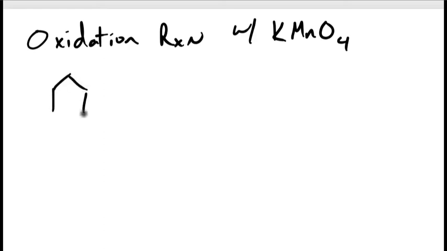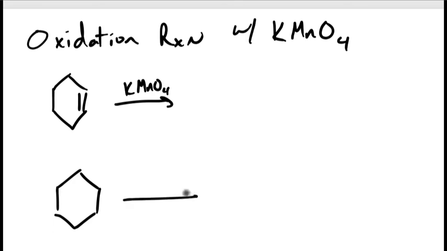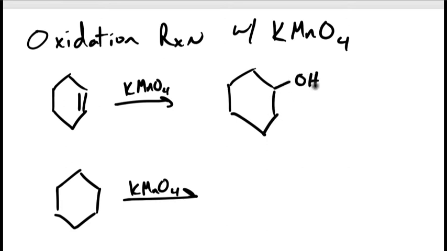Same 2 molecules, cyclohexene, cyclohexane, mixing with, again, potassium permanganate. And what happens when potassium permanganate reacts with an alkene like this, what it does is it forms a compound with 2 alcohols attached to it. Now, the alcohol functional group in chapter 12 is when we'll start talking about that. Now, the observation isn't this necessarily. It's actually this guy, this manganese oxide.